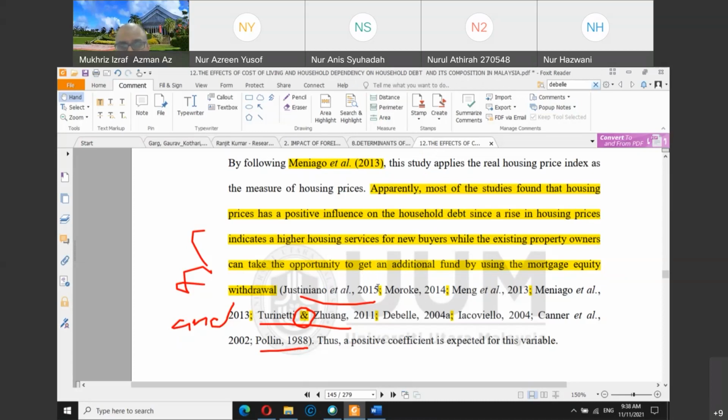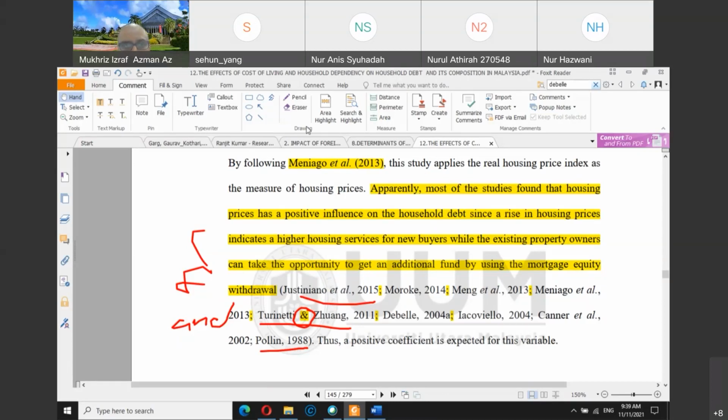Of course I'm just highlighting the common things that you need to know when you are writing your literature review or any part of your thesis, because citing a paper does not only appear in the literature review section or chapter 2. It must appear in every part of your thesis.